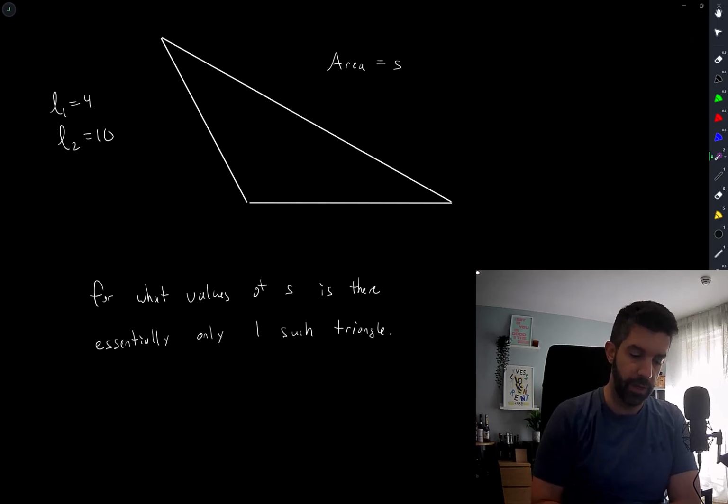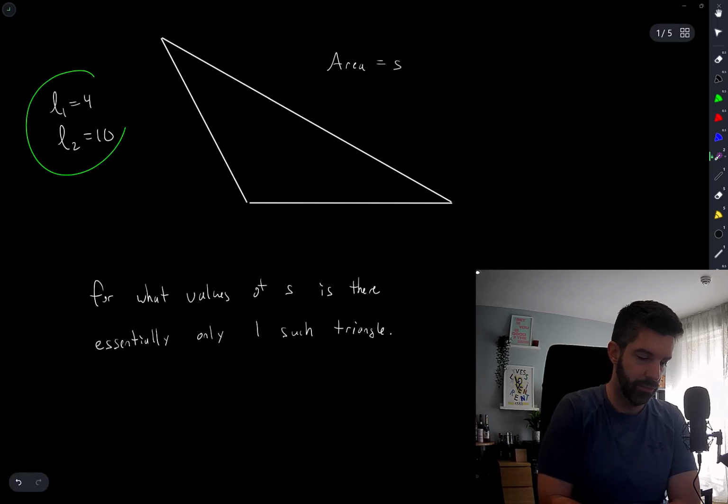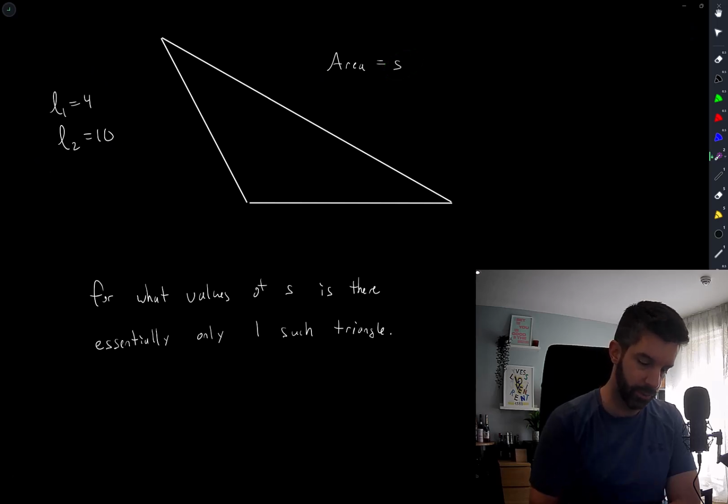We want values of s such that there is a triangle satisfying this. But the second condition is that all triangles in tau s are congruent. That essentially means there's pretty much only one triangle which has these side lengths and the area s. We want to find all values of s which satisfy this.